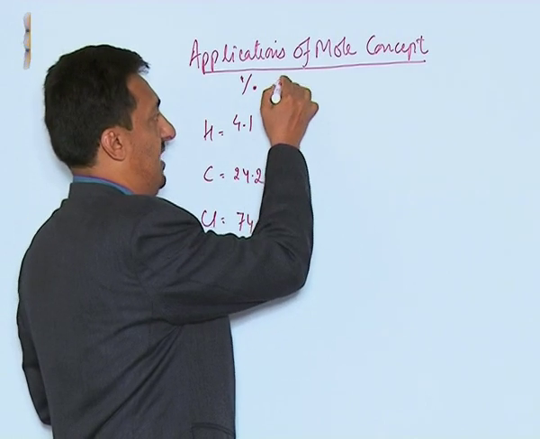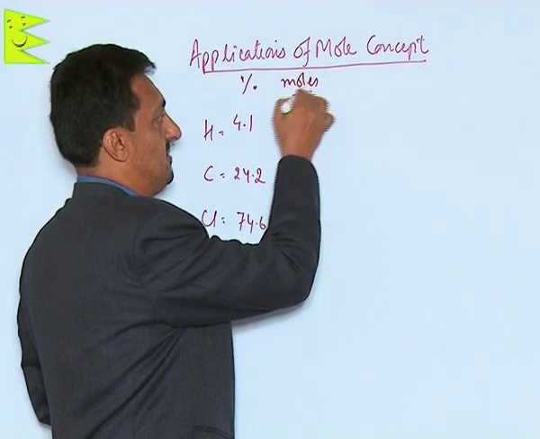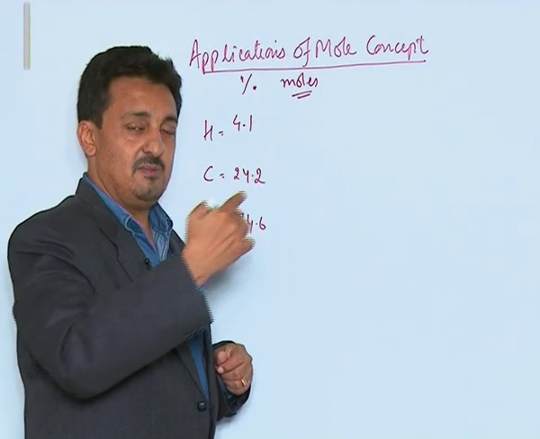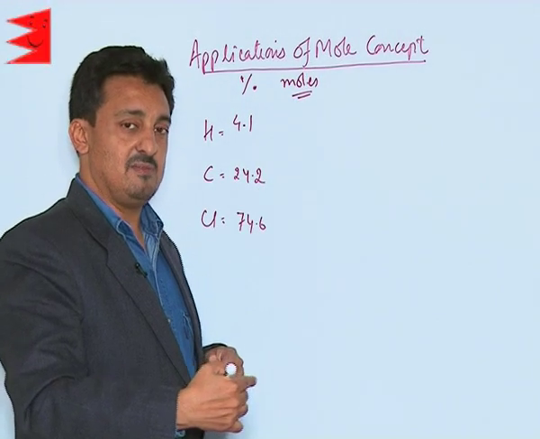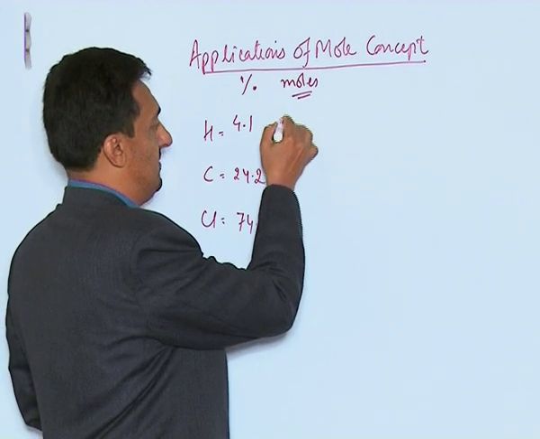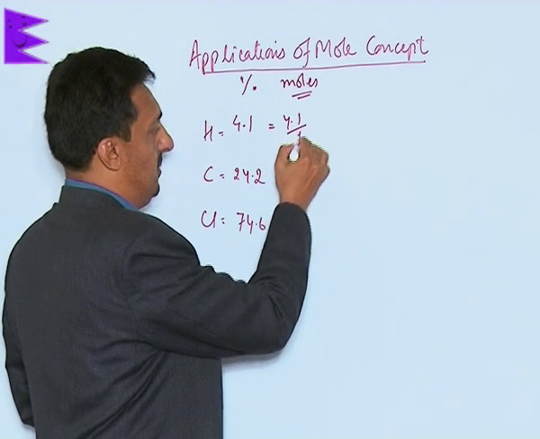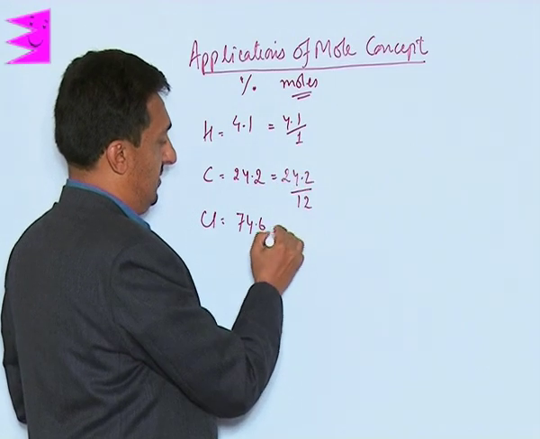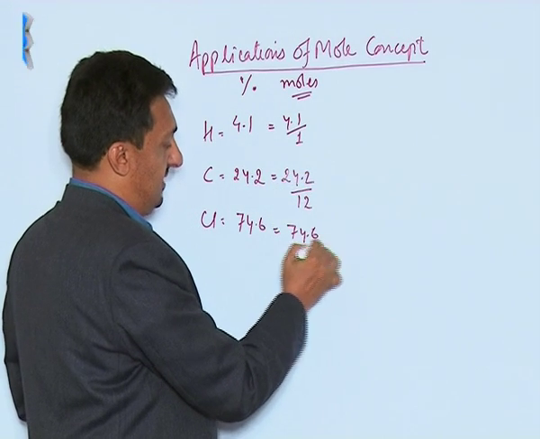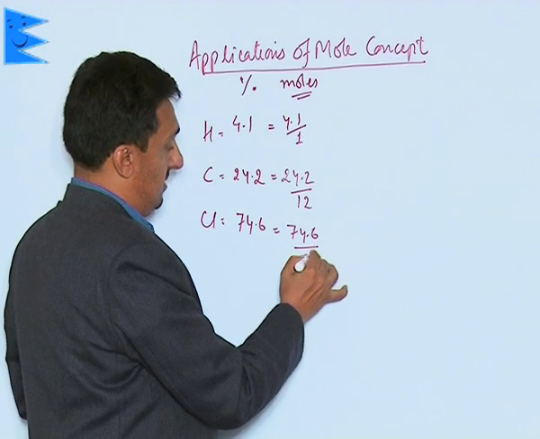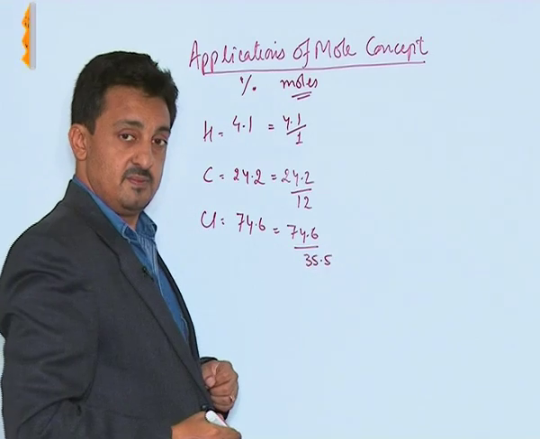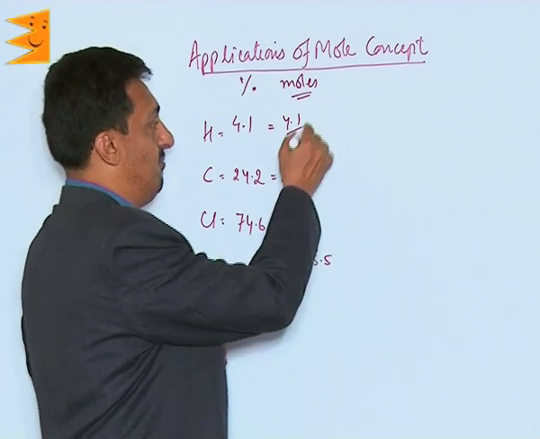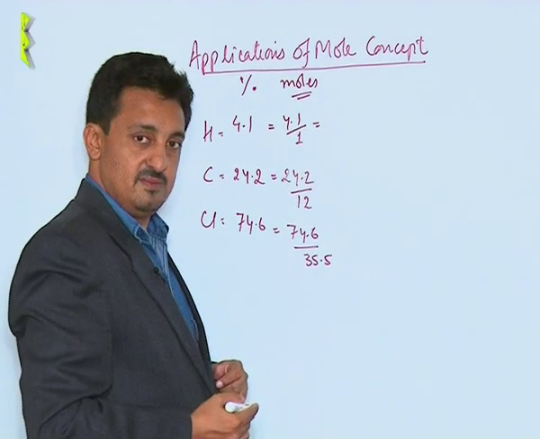So how can we change this into number of moles? We know it is weight divided by atomic mass or molecular mass. So it will be 4.1 divided by 1, 24.2 divided by 12 and 74.6 divided by 35.5. This is going to give us the number of moles of these elements in the compound.